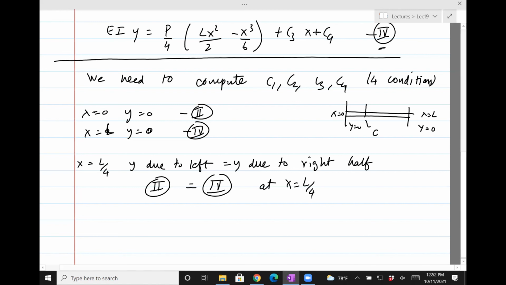The fourth condition comes from the slopes: at x equals L divided by 4, the slopes should also be equal.